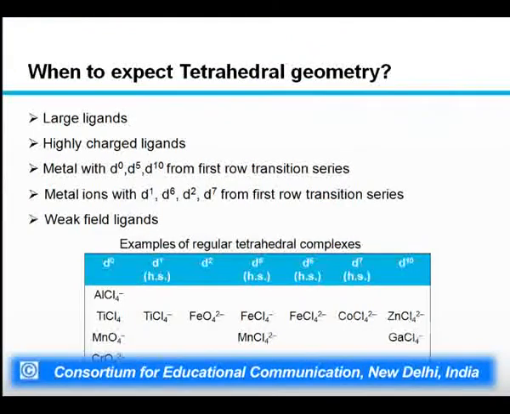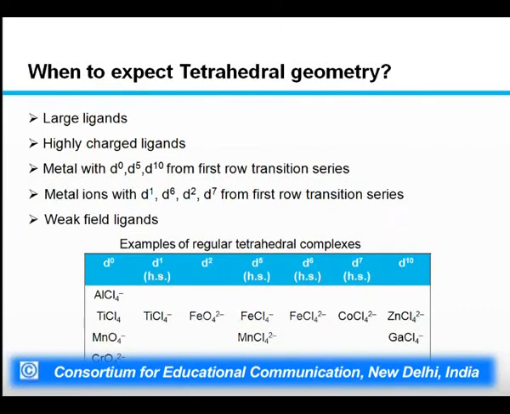Then the question is, when will we ever get a tetrahedral complex? Yes. We can expect tetrahedral geometries if the following conditions are satisfied. If we have a large ligand, because when the ligands are large or bulky, there occurs a crowding in the geometry if it is octahedral, and the preference is more towards a tetrahedral geometry.